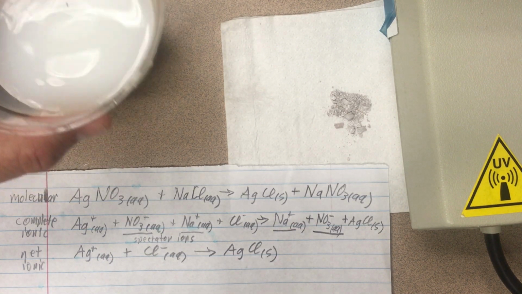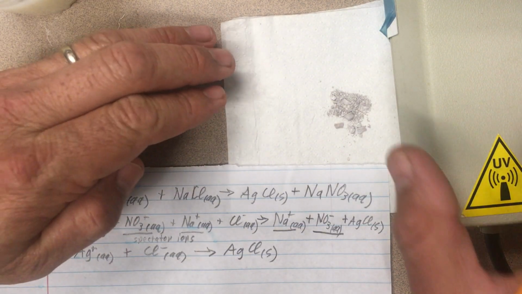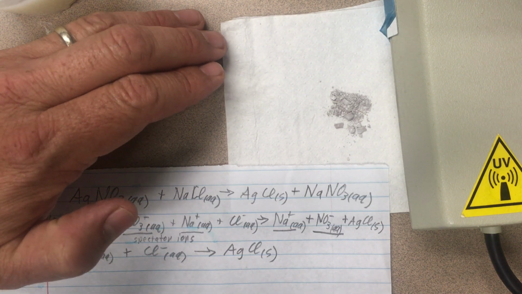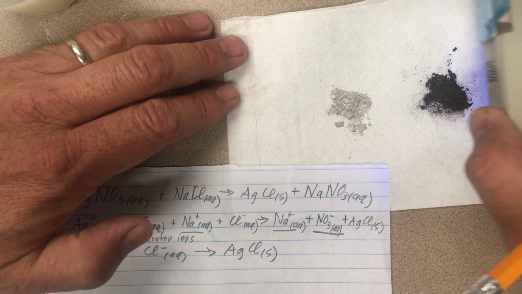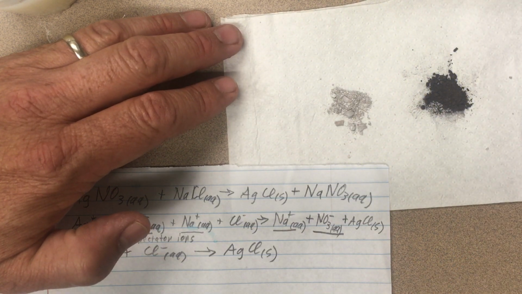But the reason I have this sitting under an ultraviolet light is that upon exposure to sufficient light, the right wavelengths, you can see that the compound darkens.